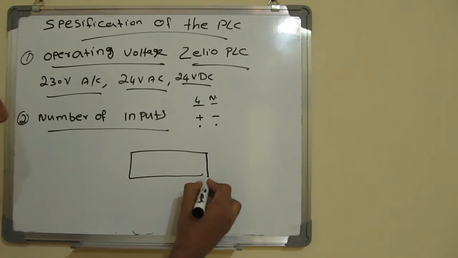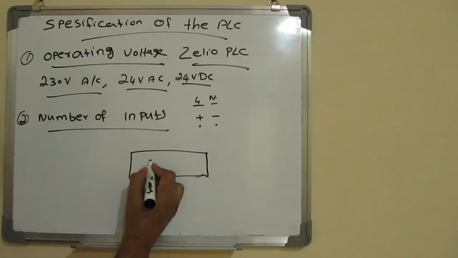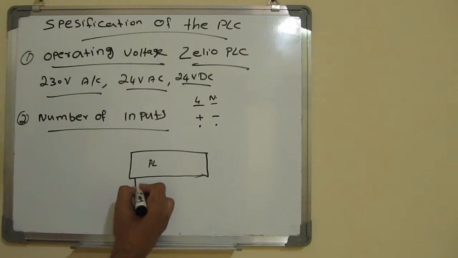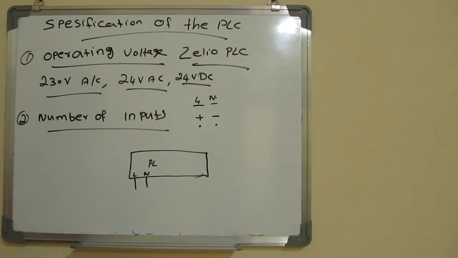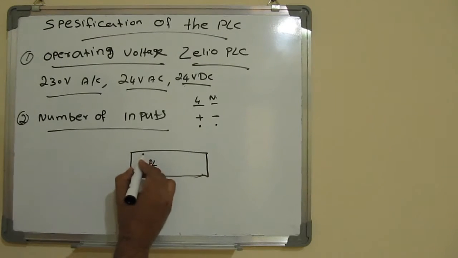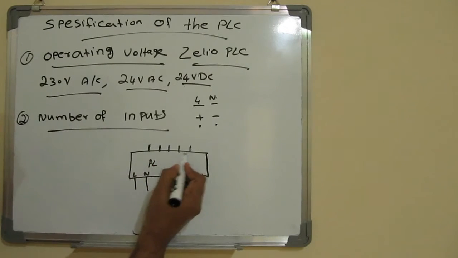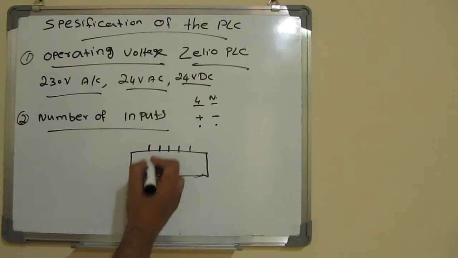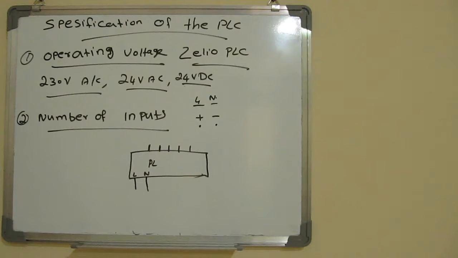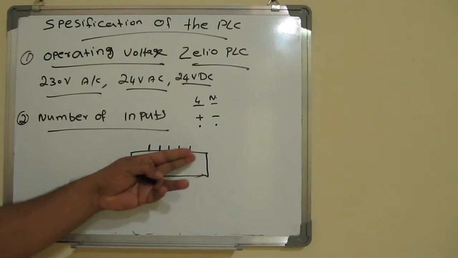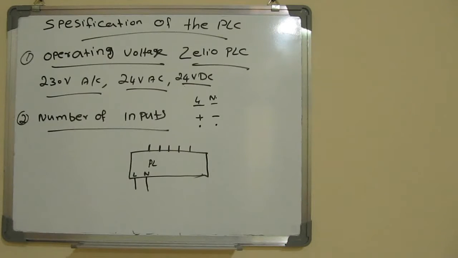Suppose this is the logical diagram of the PLC. This is the L and N; we are talking about a 230 volt AC PLC, so line and neutral we have to give. In the same way the PLC has a lot of inputs: 1, 2, 3, 4, 5, and so on. The number of inputs will vary. We can select the number of inputs according to our requirement.